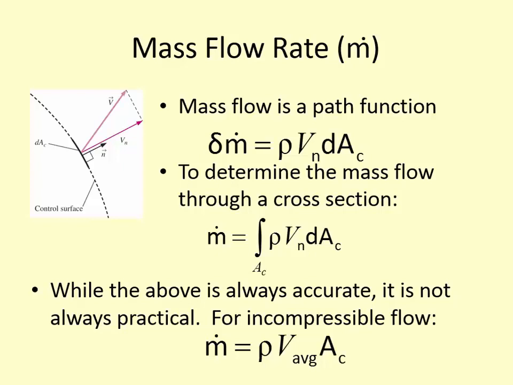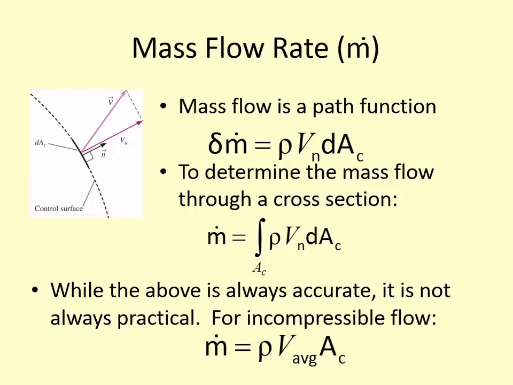So in general, the equation for that is actually integration across the cross section. You take into account the density of the fluid, the velocity of the fluid, which has a directional quality to it, and then that cross-sectional area.